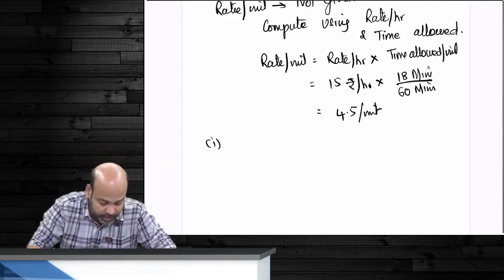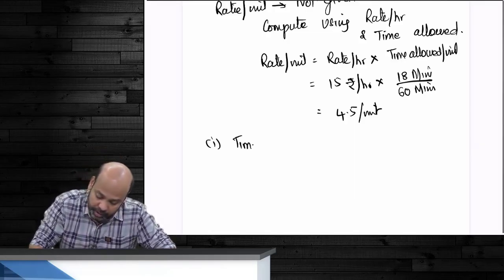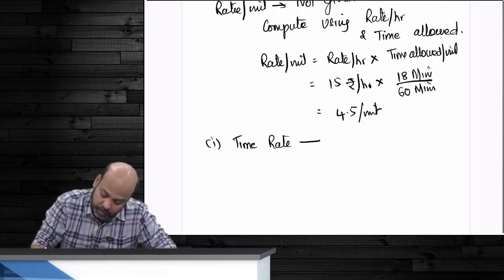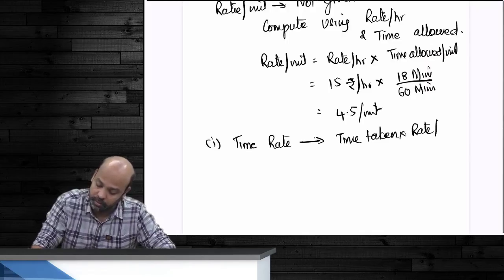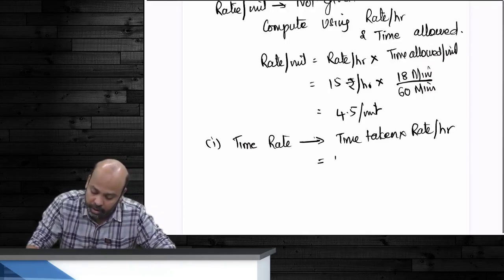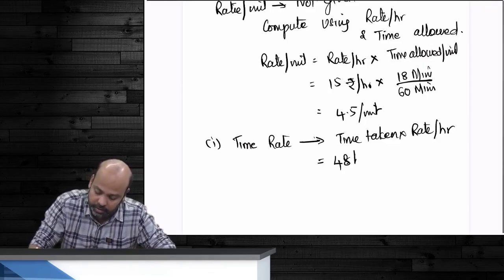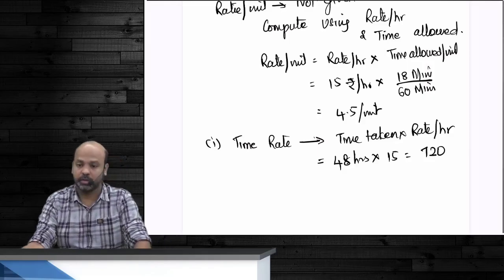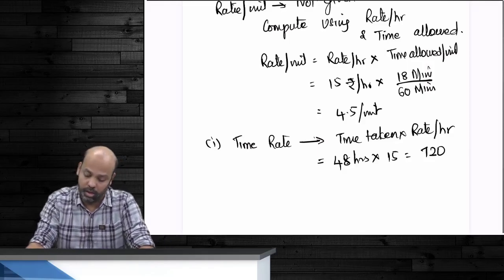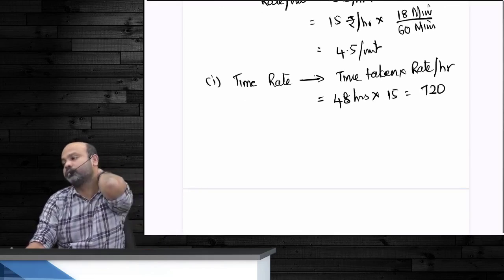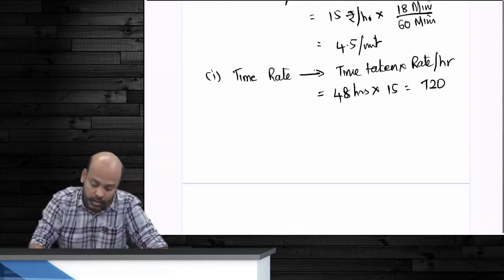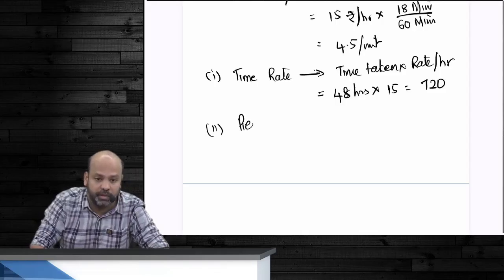Beta, first bit, time rate. So here, guys, it will be equal to time taken into rate per hour. Time taken is 48 hours multiplied by rate per hour is 15. So that will become 720. Second one, beta, is piece rate earnings.